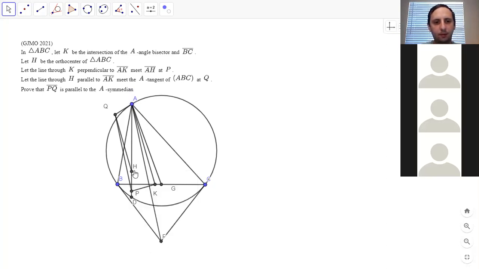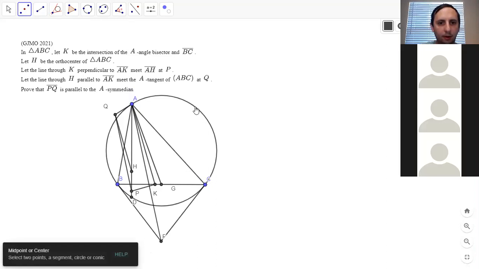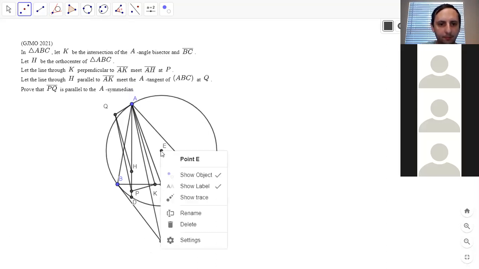Could you draw the center of ABC? Yeah. Call it O. Yes.